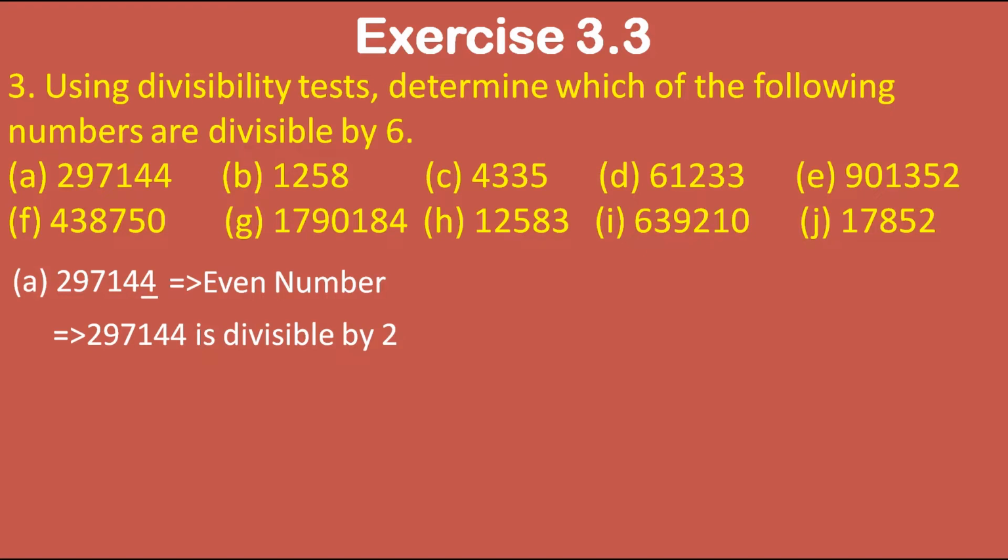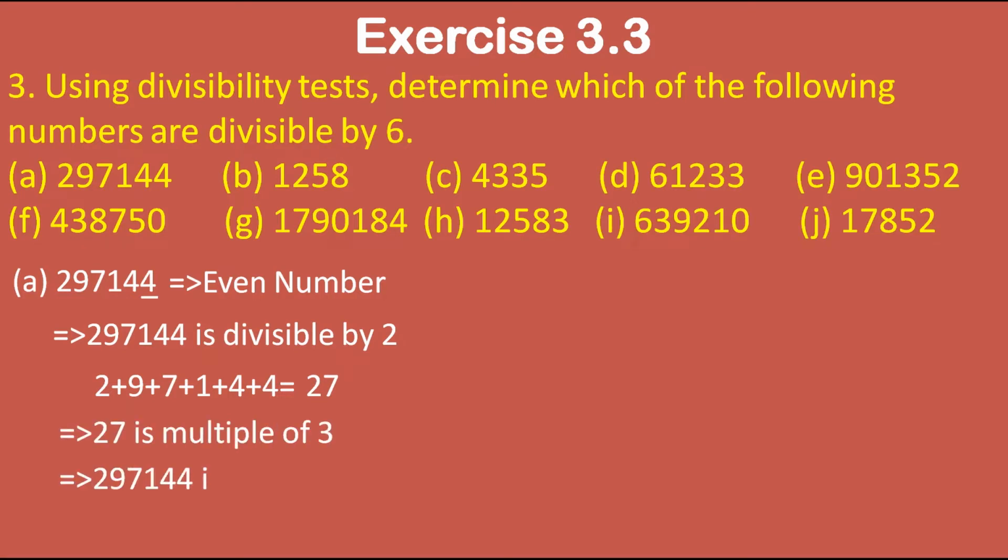So let's add the digits. We are getting sum as 27, and we know that 27 is a multiple of 3. Therefore the number is divisible by 3. As the number is divisible by both 2 and 3, the number is divisible by 6.